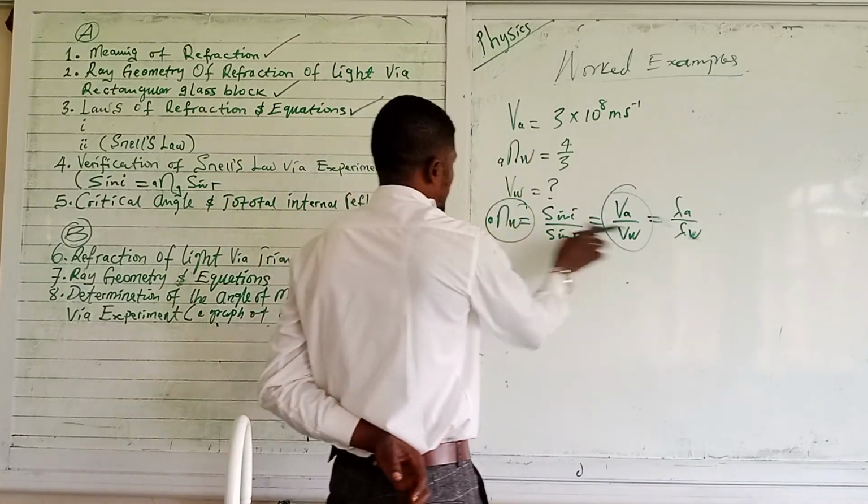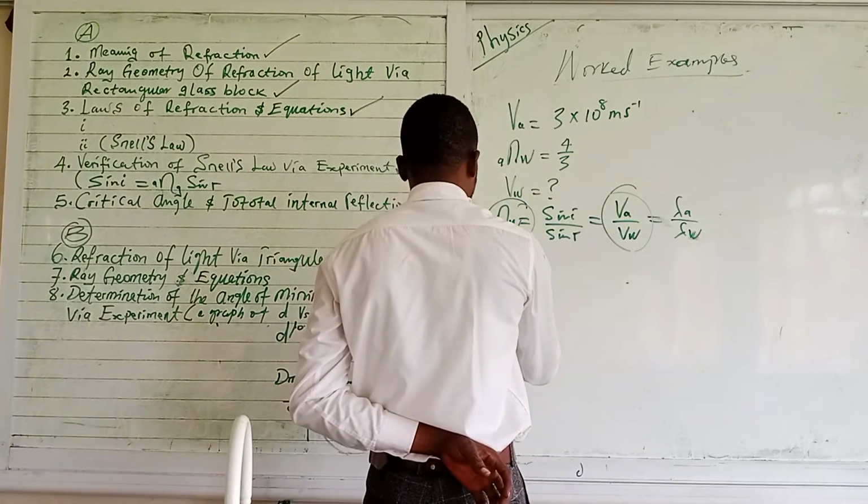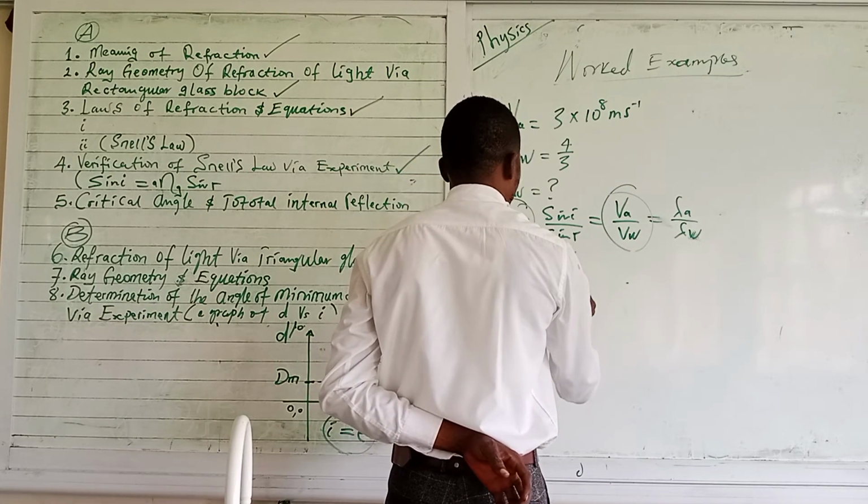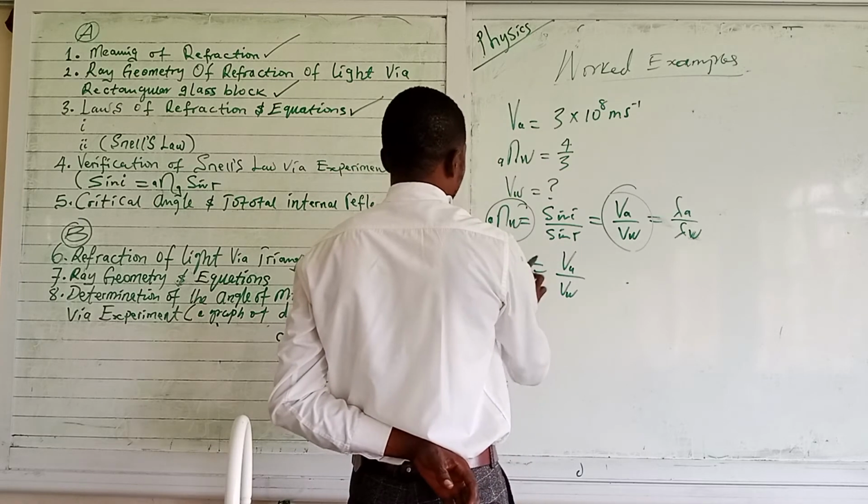So we equate this to this and then we get our answer. So we have A to W is equal to VA over VW. This to this is given as this.